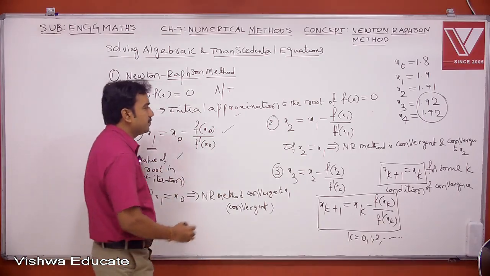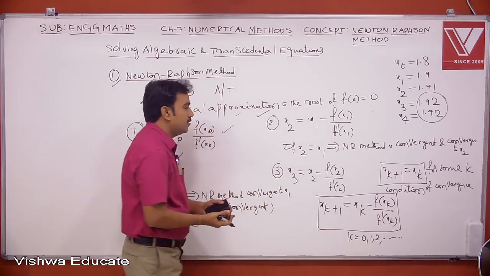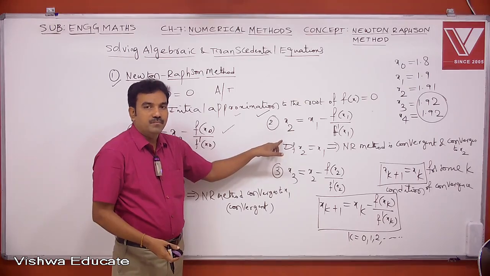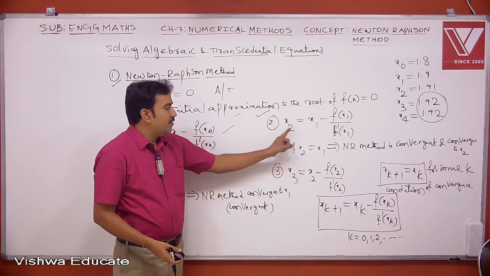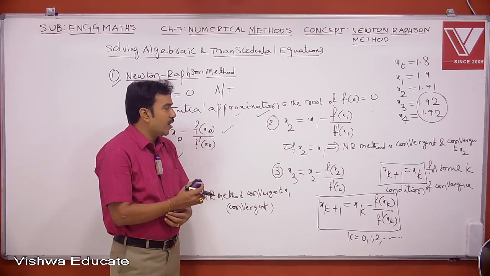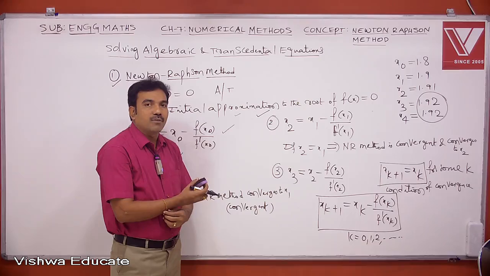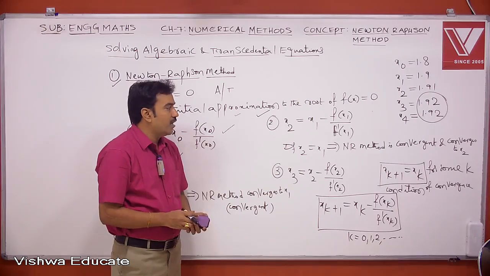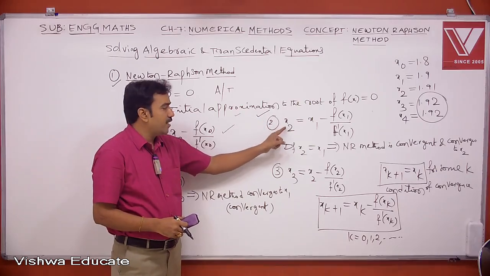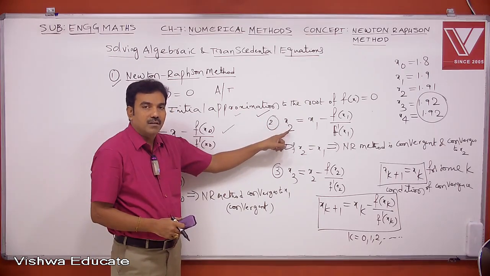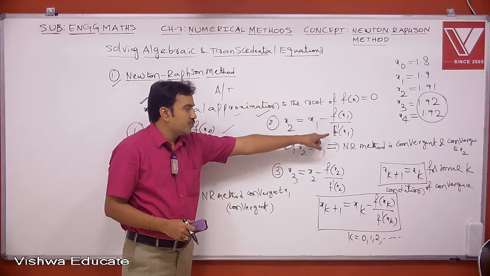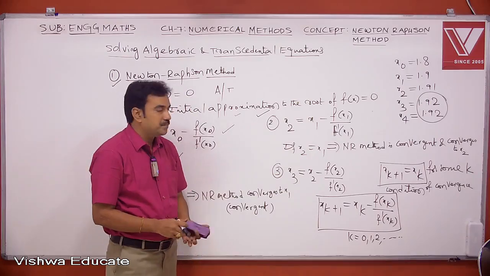Otherwise, step 2: evaluate the value of root in the second iteration using the formula x2 equal to x1 minus f of x1 by f dash of x1.